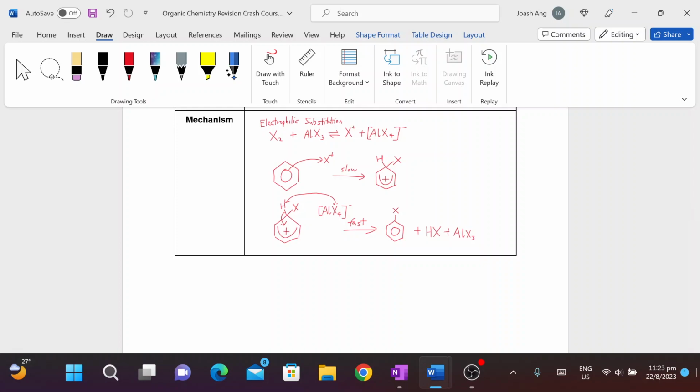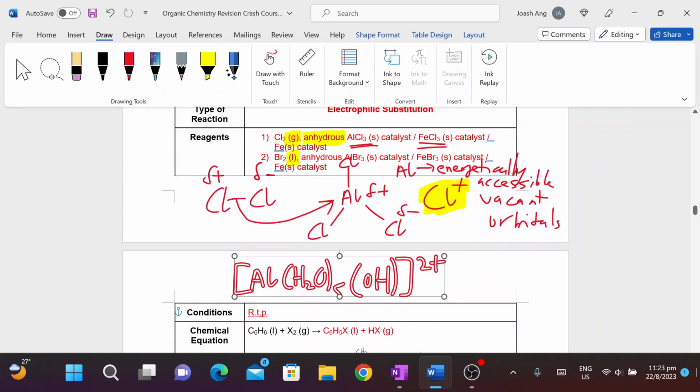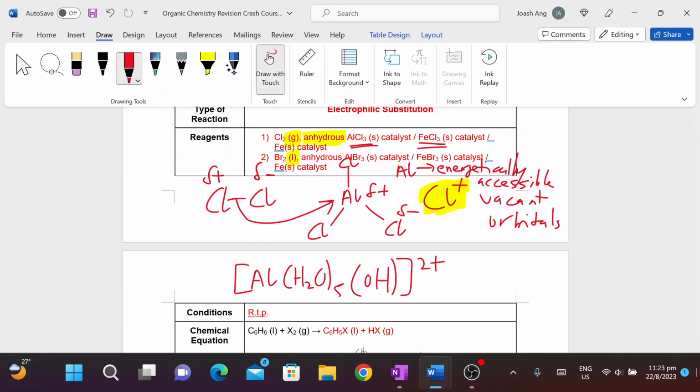So you can see that the chlorine bonding pair is being accepted by the aluminum atom to form the positively charged chlorine cation, as well as this species right here. I'll draw it at the bottom.